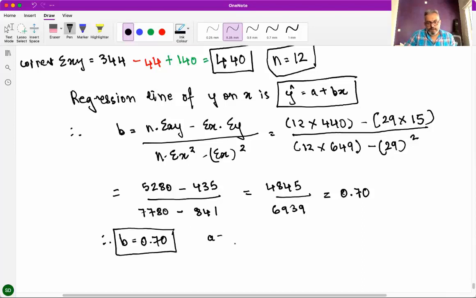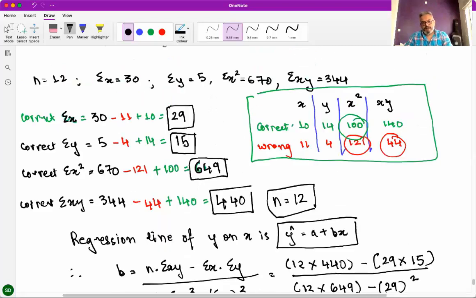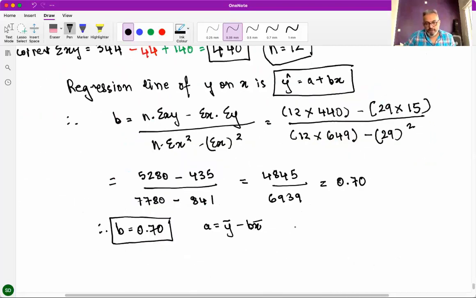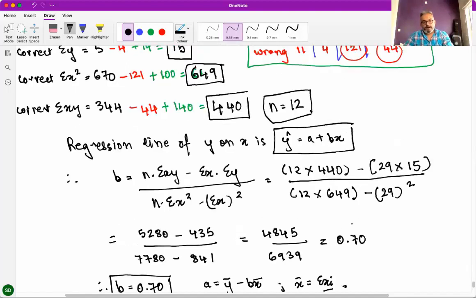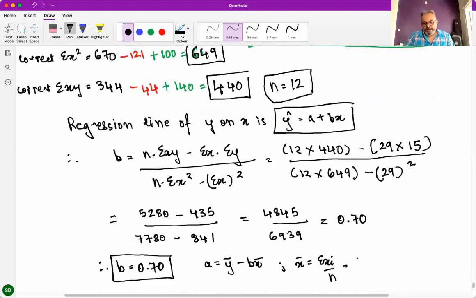A is equal to y bar minus b x bar. Now, for finding this, we have to find out first x bar, which is equal to sigma xi upon n. What is the correct sigma xi? 29.